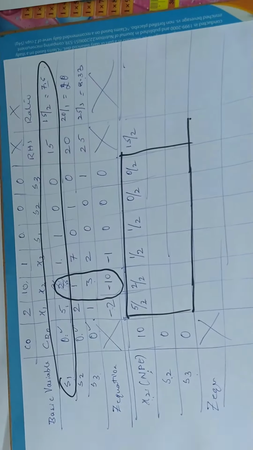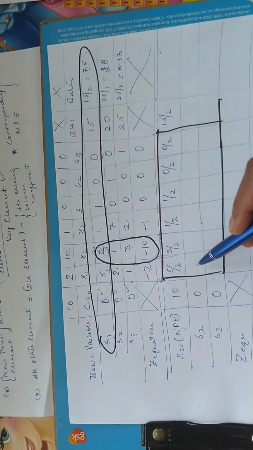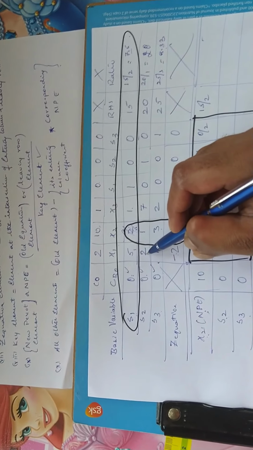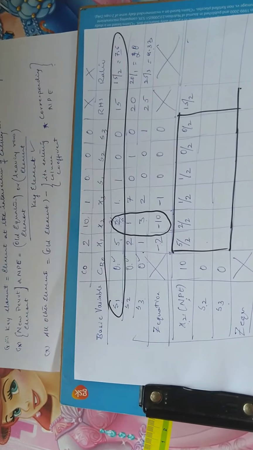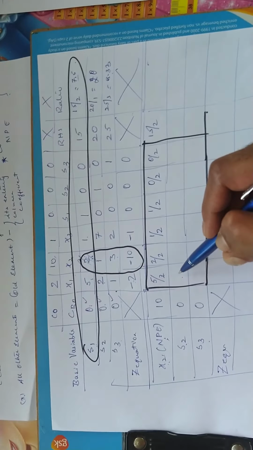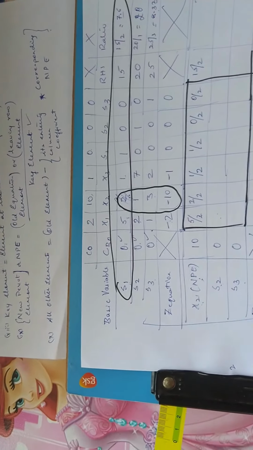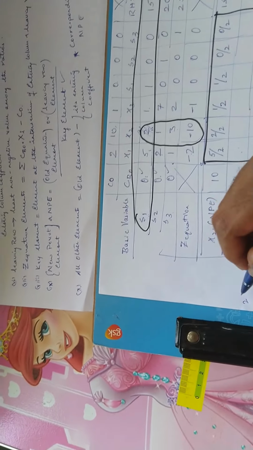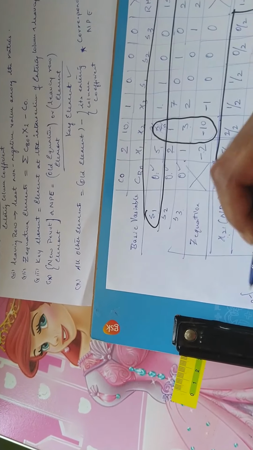Moving on. The old element here in this position is 2. I'm going to write a few calculations here. Old element is 2, and I'm going to open up a bracket.